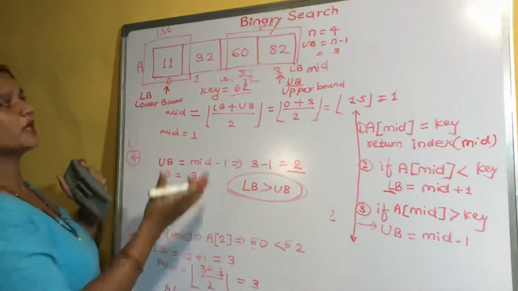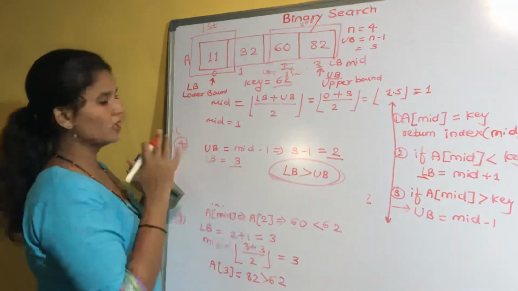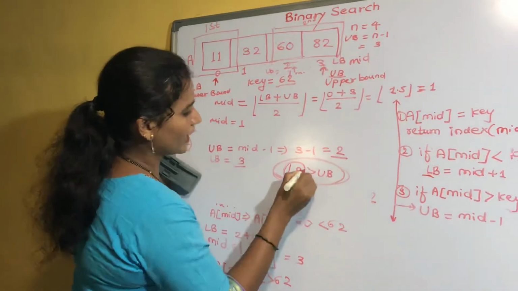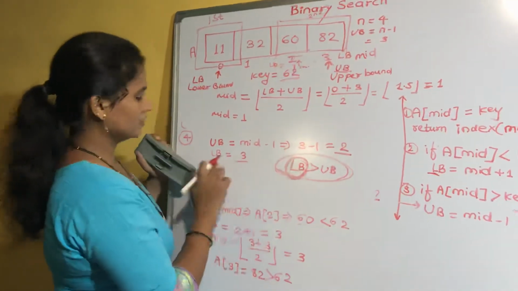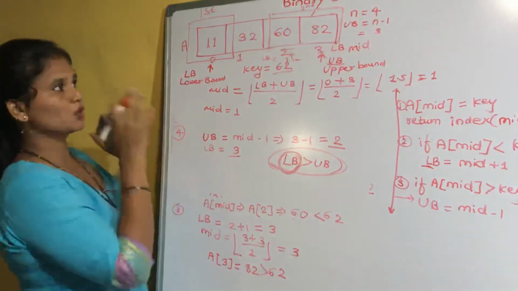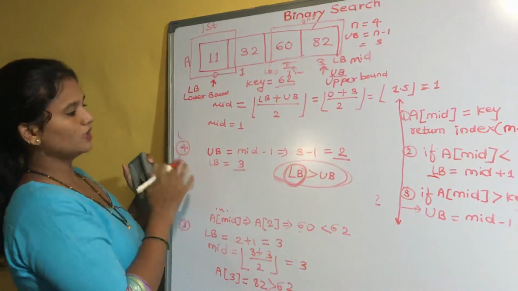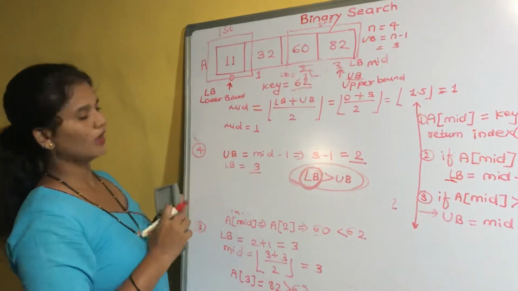We have already compared with 60, 82 and 32. So this is the stopping condition. When your lower bound crosses the upper bound, you have to stop there. Your binary search algorithm will stop searching, and it will print that the element is not present in your array.